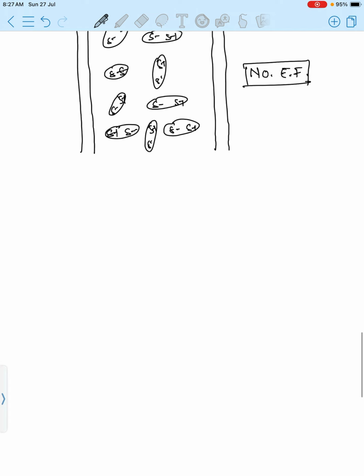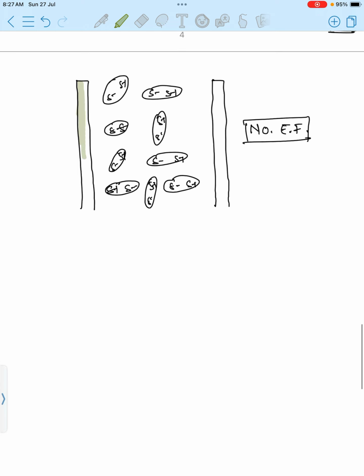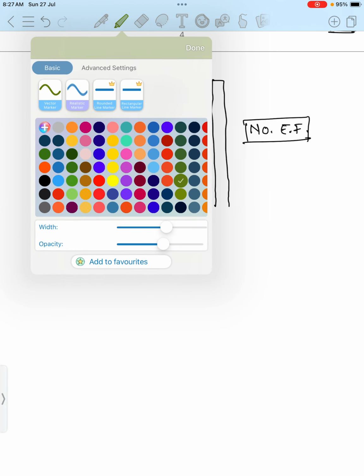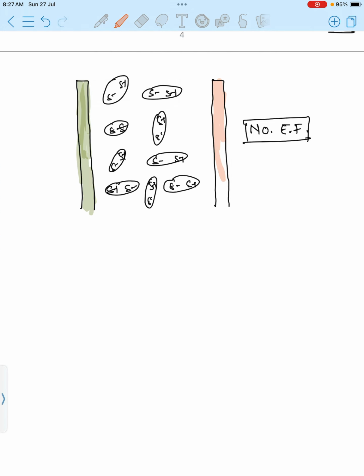But once I connect this with the source of battery, the situation will change.